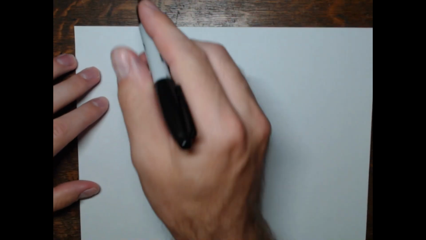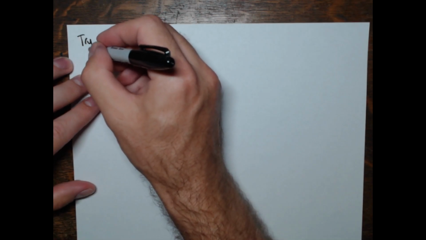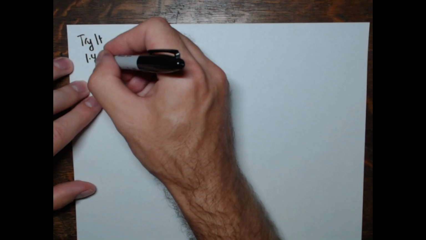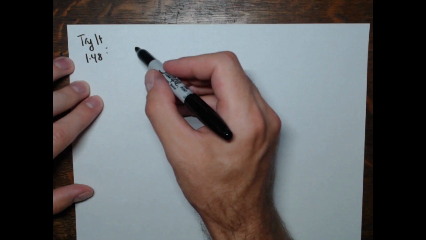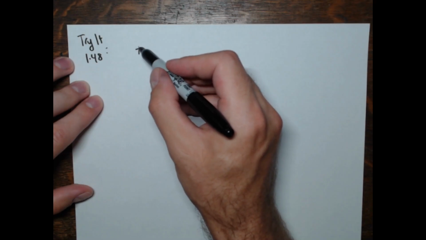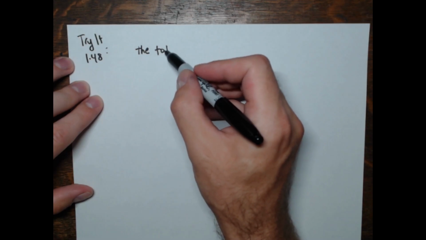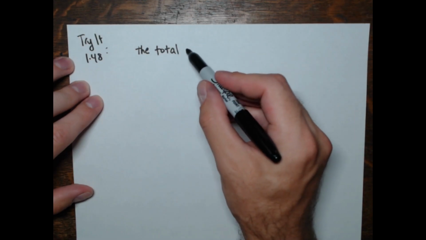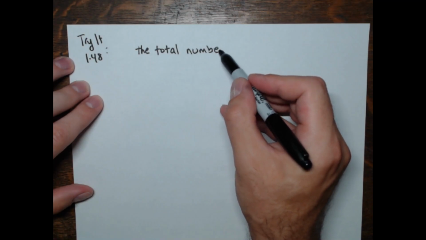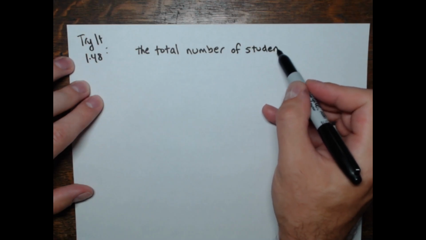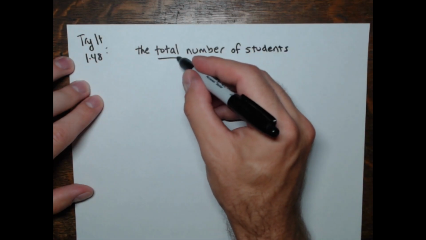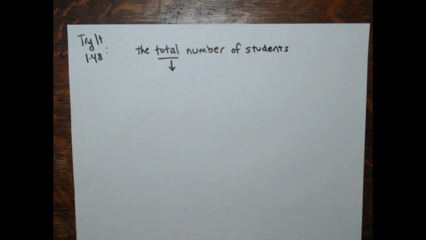All right, so this is try it 1.48. So again, in words, what the question is asking for is the total number of students at this middle school. So again, the word total is there, implying that we're going to be taking a sum, adding.